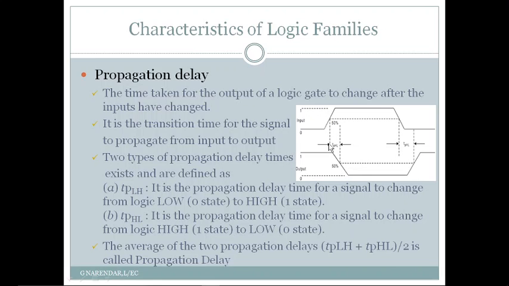So the time gap between the 50% transition point of input and the 50% transition point of output, when the output signal is changing from high to low, that we designate as high to low propagation delay.